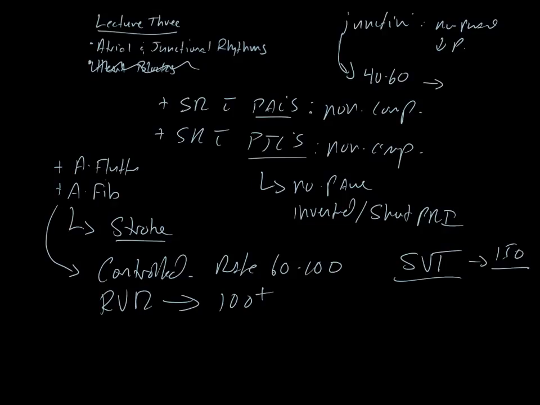If the rate is between 60 and 100, we call that an accelerated junctional rhythm. And if it is over 100, we call that junctional tach. Good. All right. Are you guys okay with that so far? Good to go. Okay, cool.